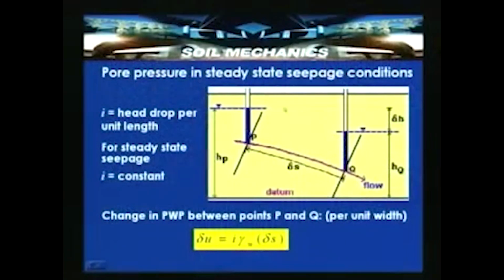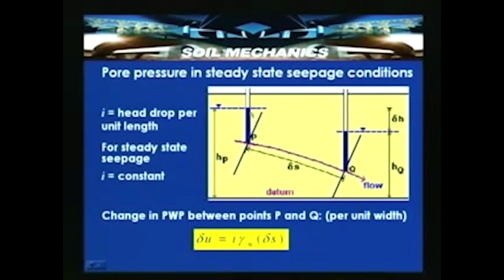Before explaining these problems relating to flow net construction and the methodologies for flow net construction, we should also try to remember the pore pressure variation in steady state seepage conditions. In steady state seepage conditions, the hydraulic gradient is constant. Consider a permeable medium where the flow is taking place, P and Q is a flow line where the flow is taking place in this direction.